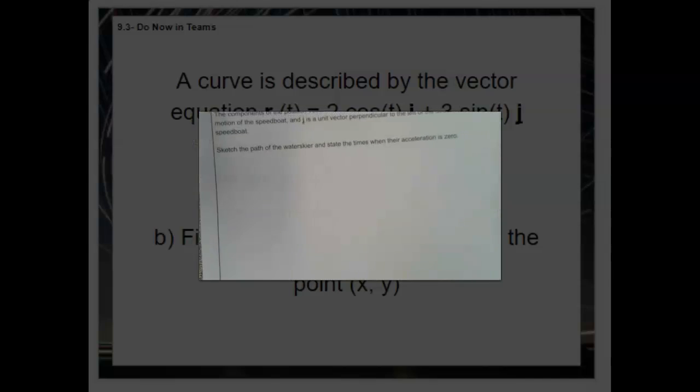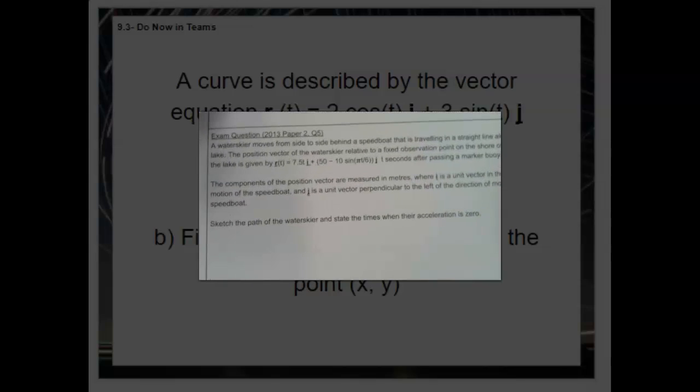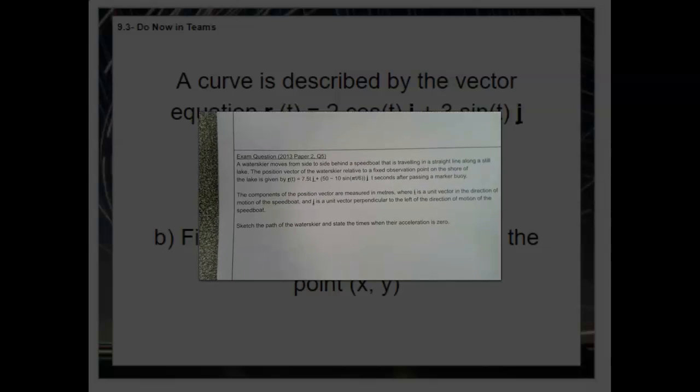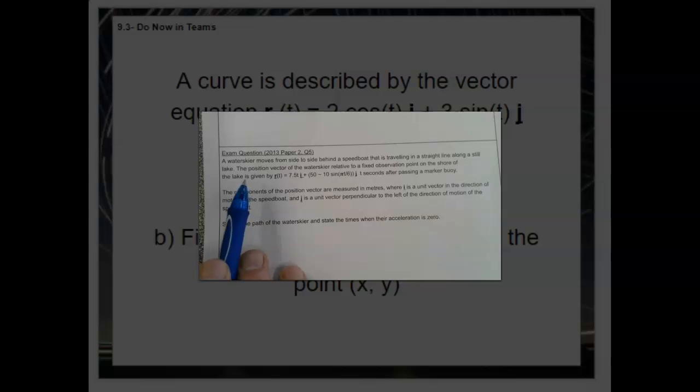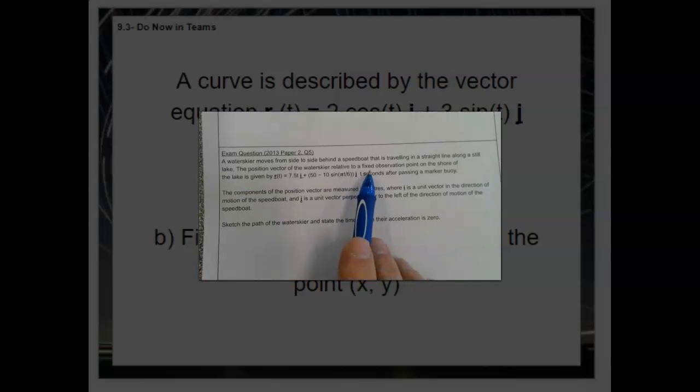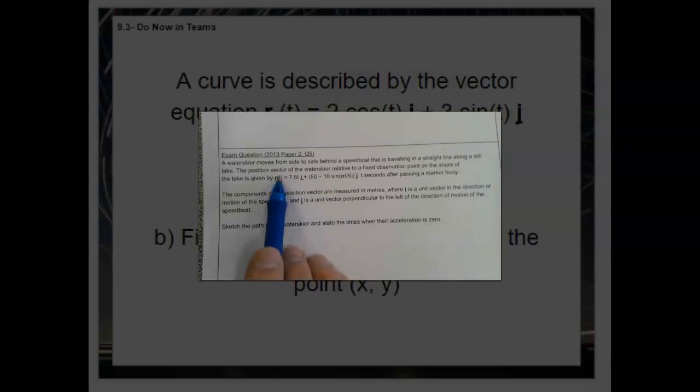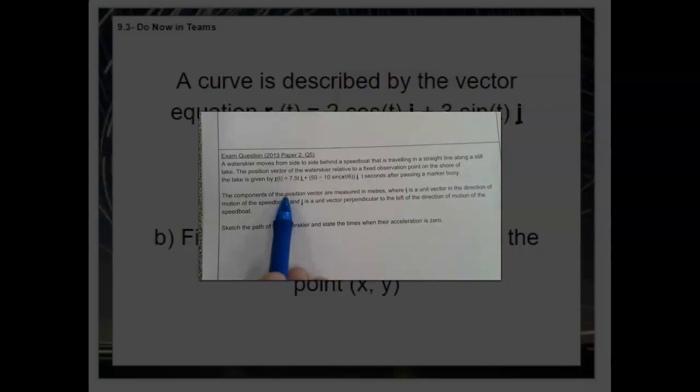And then the final question, perhaps this is the most interesting one of the lot. So we're talking about this water skier moving in a straight line across a lake, and we're looking at a position relative to a fixed observation point, and we can see the equation here given for the position.